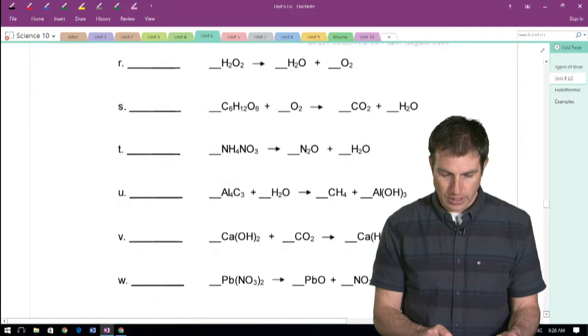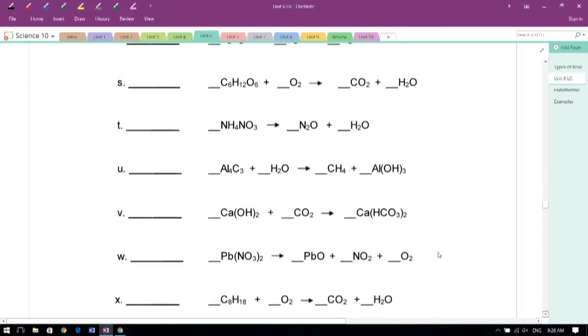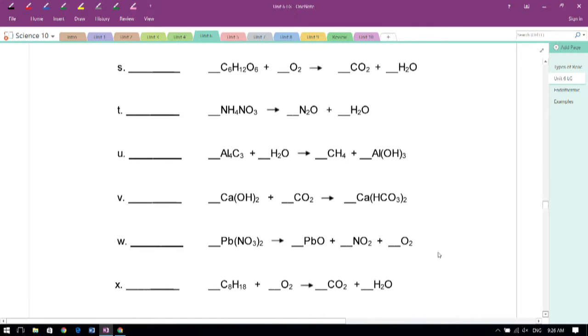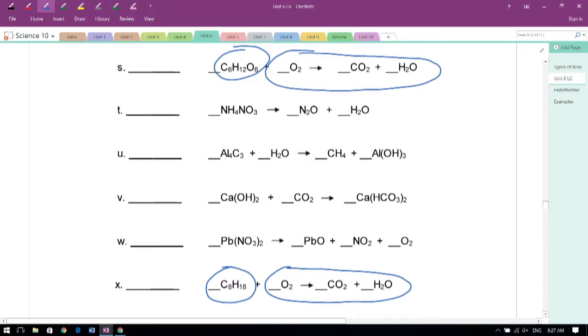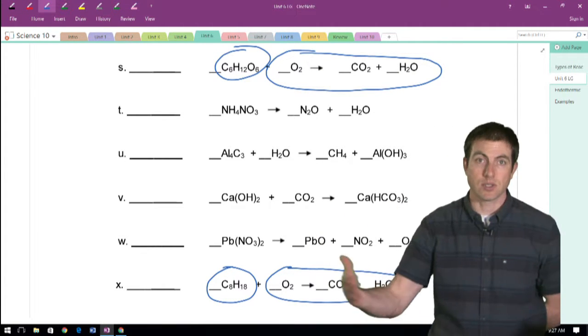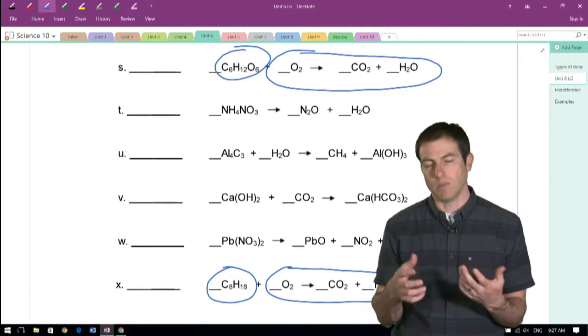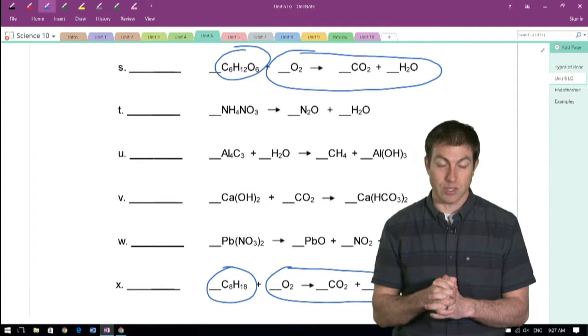Here's another one, letter S ends in CO2 and H2O. That's going to be combustion. Letter X ends in CO2 and H2O. And notice they all start with something different. I have C8H18. I have C6H12O6. But what's being produced, the second part of the equation, is always going to be exactly the same. The amount of carbons and hydrogens is going to change, but the products are always going to be the same. You're always going to end with CO2 and H2O. You also have oxygen gas, O2, as a reactant.